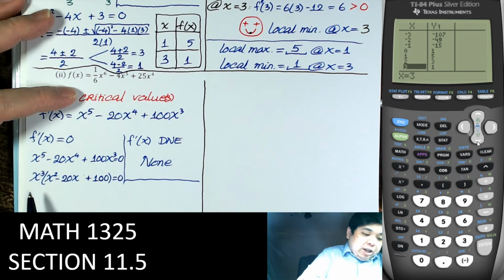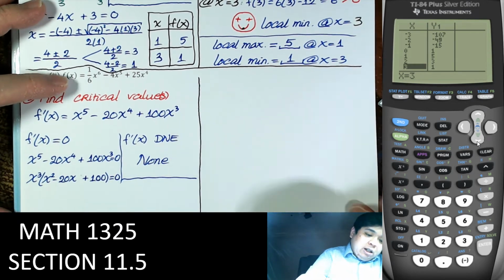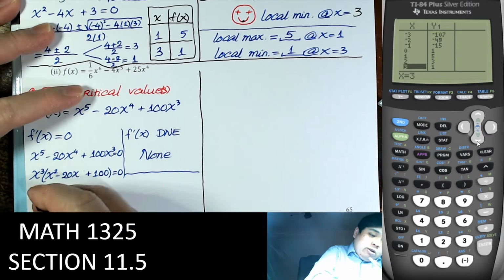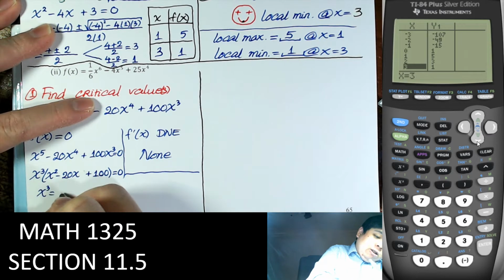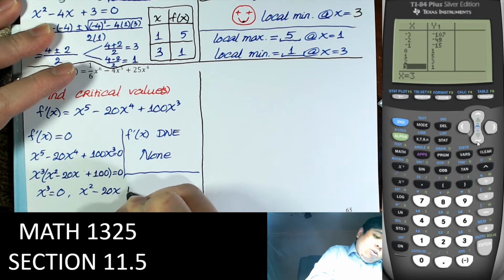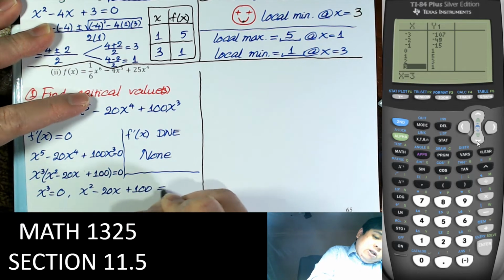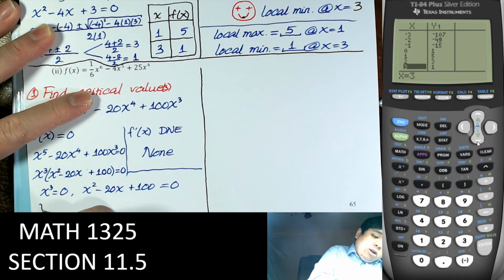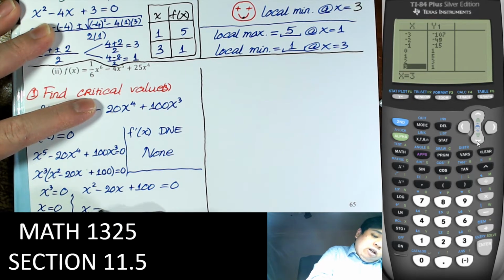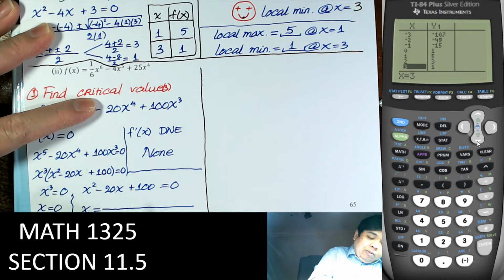So we let x cubed equal to 0, and then x squared minus 20x plus 100 equal to 0. So that gives us x equal to 0, and this one I can use the quadratic formula again.